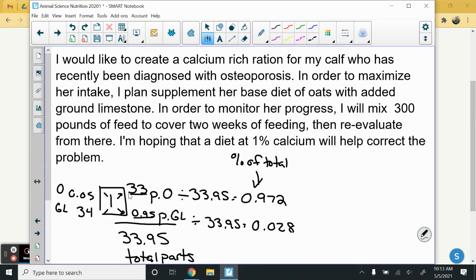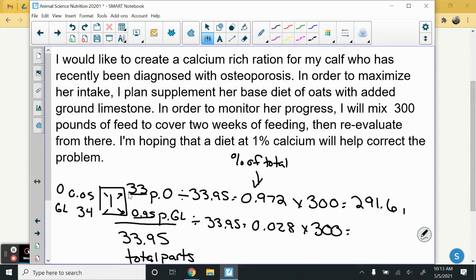I'm going to take each number, multiply by 300. Now I got to get out my calculator because this is not mental math that Mrs. Yan can handle. Multiply 0.972 by 300, and I get 291.6. And that is going to be pounds of oats.